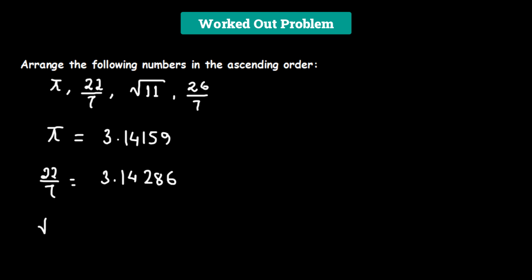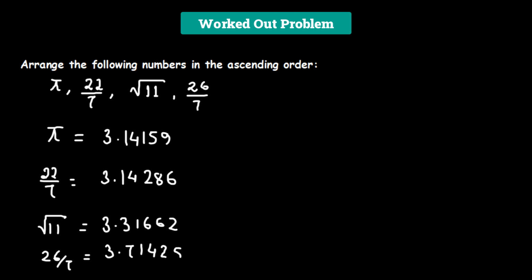Then the third number, square root of 11, is 3.31662. And finally 26/7 is going to be 3.71428. So now we have the approximate values of each of the 4 numbers.